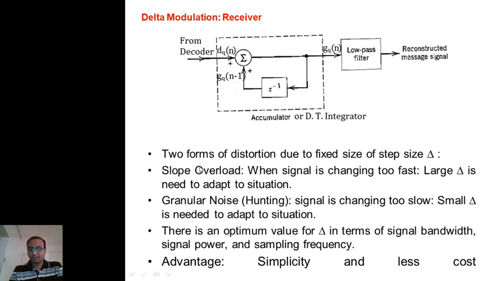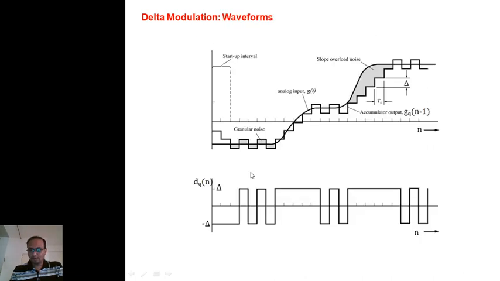So what can be the solution? To avoid slope overload, we need a larger delta. But to avoid granular noise, we need a very small delta. If the delta is very small, granular noise can be easily avoided. If the delta is larger, slope overload noise can be easily avoided. And in the middle, when the signal is not changing too slow or too fast, we need a moderate delta.